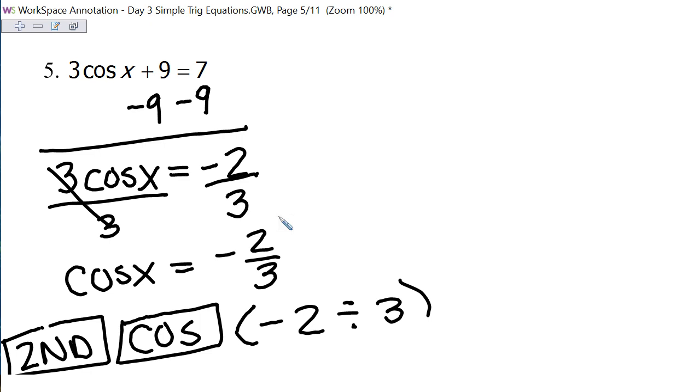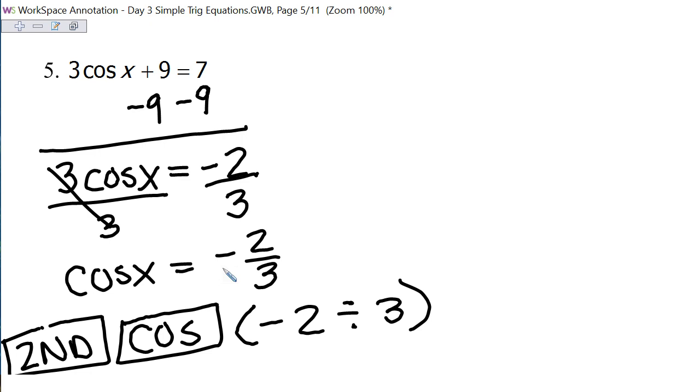And to 3 decimal places, what would that be? 2.301. I'll call this x1, 2.301.